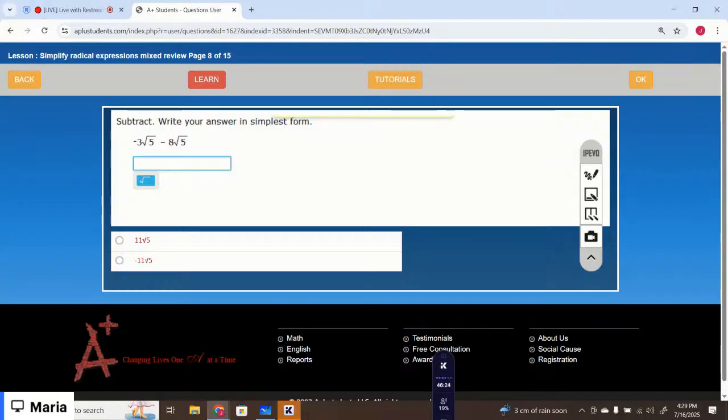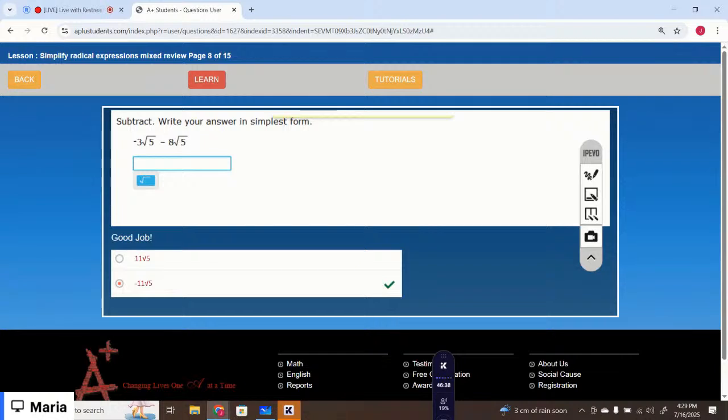Subtract negative 3 square root 5 minus negative 8 square root 5. That is negative 11 square root 5. Option number 2 is the correct option.